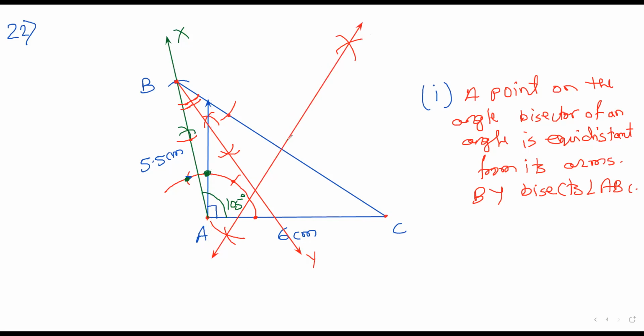Right? So show the signs. Don't ignore that. Show the signs. And this is the perpendicular bisector.